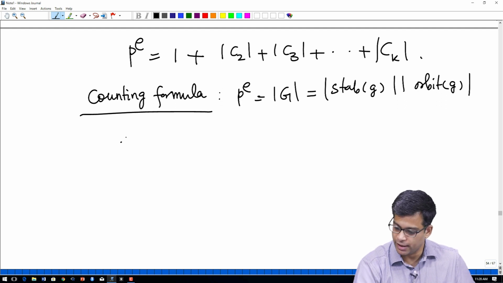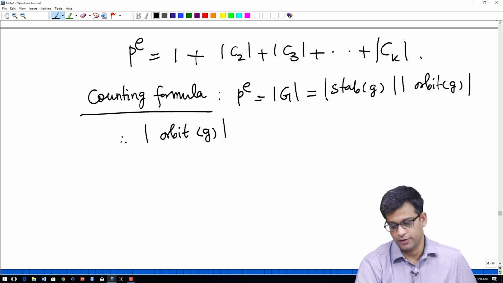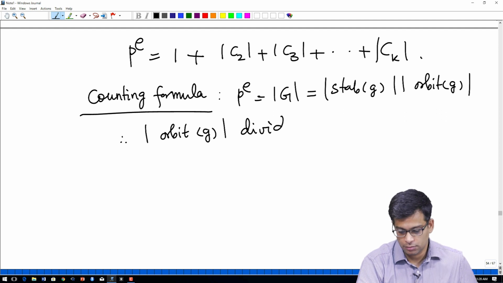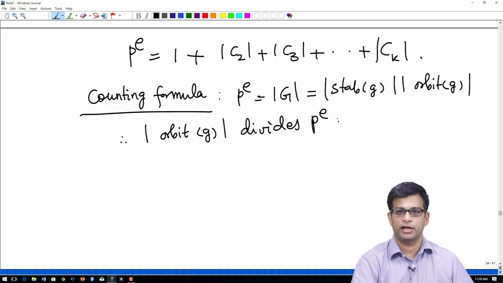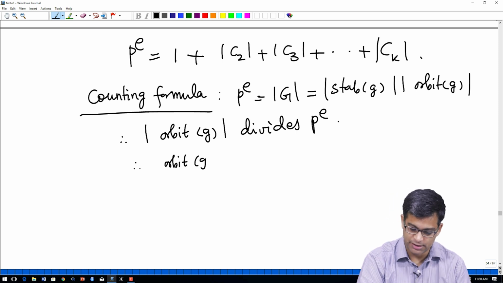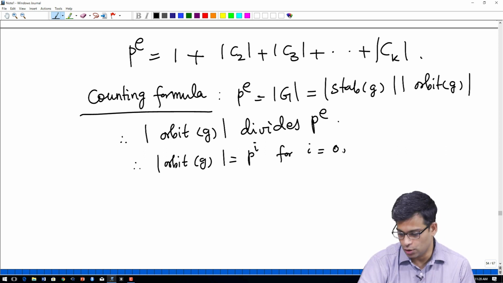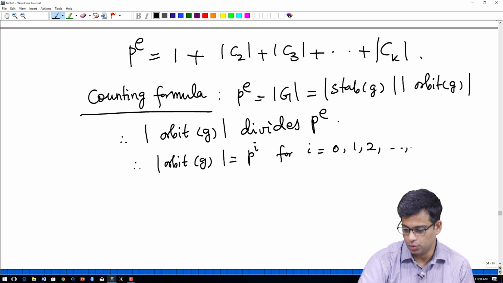So, we can certainly say that the size of a conjugacy class, or the orbit of an element, divides p power e. But what are the numbers that divide p power e? So, an orbit must have size p power i for i equal to 0, of course, up to e.